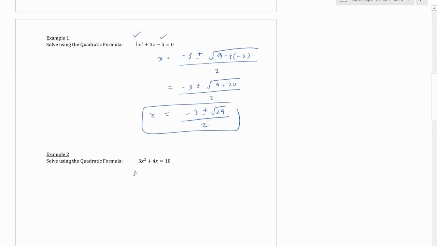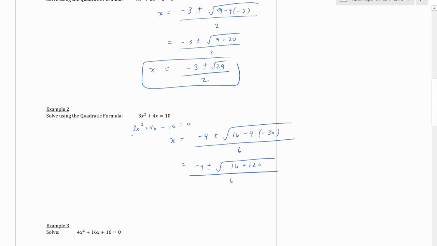This one, before you can do the quadratic formula, you set it equal to 0. Opposite of b plus or minus the square root of b squared minus 4ac. 3 times negative 10, that's negative 30. All over 2a, 2 times 3 is 6. 16 plus 120.